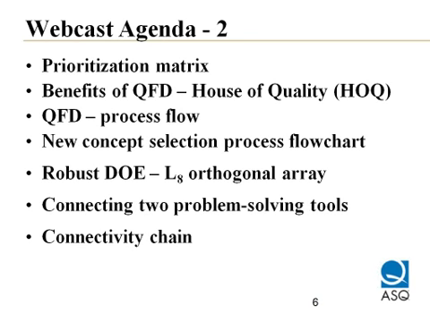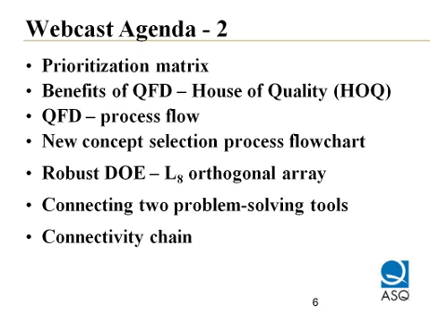And then we'll talk about process flow in quality function deployment. Then I'll introduce you to a new concept selection process flowchart which I developed several years ago for use with a client. Then we'll turn our attention to the robust design of experiments and take a look at an L8 orthogonal array.